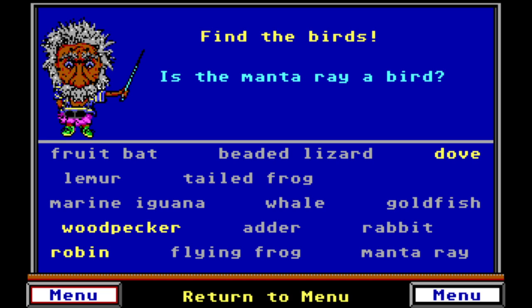Okay, so an adder is... An adder is a snake, so it would classify as a reptile. And it is venomous. Snakes.